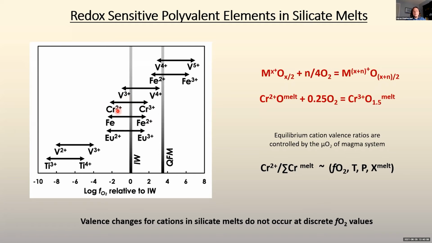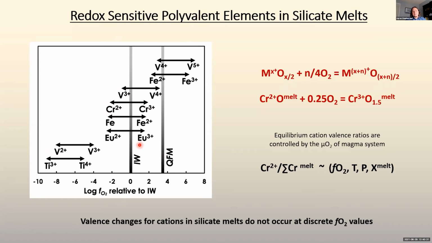And so the important point here is all of these redox couples that I've shown here, chromium, vanadium, iron, europium, and even titanium, the valence changes for cations dissolved in silicate melts, unlike what you might be familiar with in mineral buffers. They don't occur at discrete FO2 values, rather they occur continuously over a range of FO2 values.